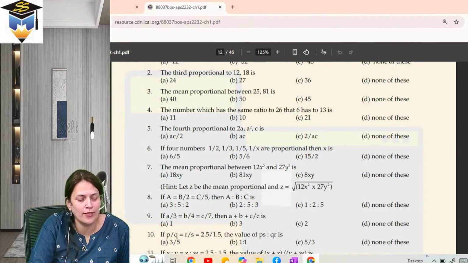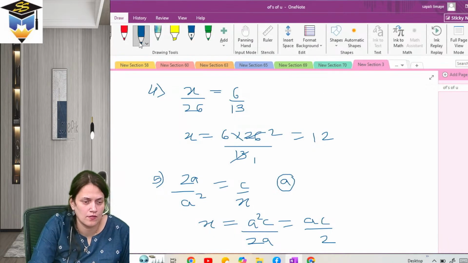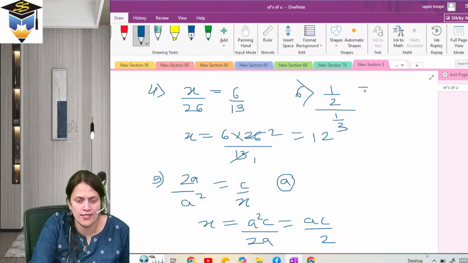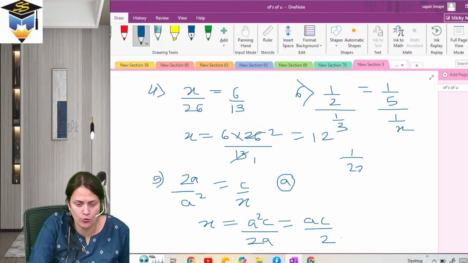1 upon 2, 1 upon 3, 1 upon 5, 1 upon x are proportional. So there are 4 ratios. So 1 upon 2 by 1 by 3. So let us write it down. One upon 2 by 1 by 3 is equal to 1 upon 5 by 1 by x. So 1 upon 2x is equal to 1 upon 15.